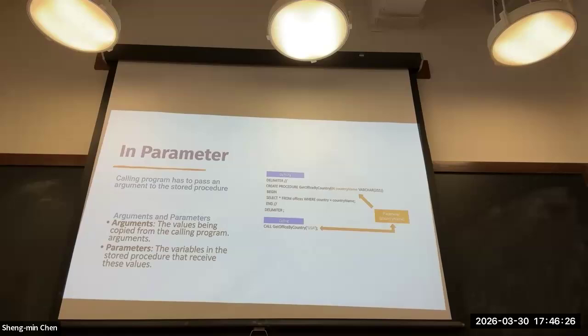Here, the name of the input is country name, and I have to give it a data type, which shouldn't be foreign to you. Everything else is still the same, but now you can use the country name in the select statement's where clause over here, just like it would directly evaluate if the country equals your input.